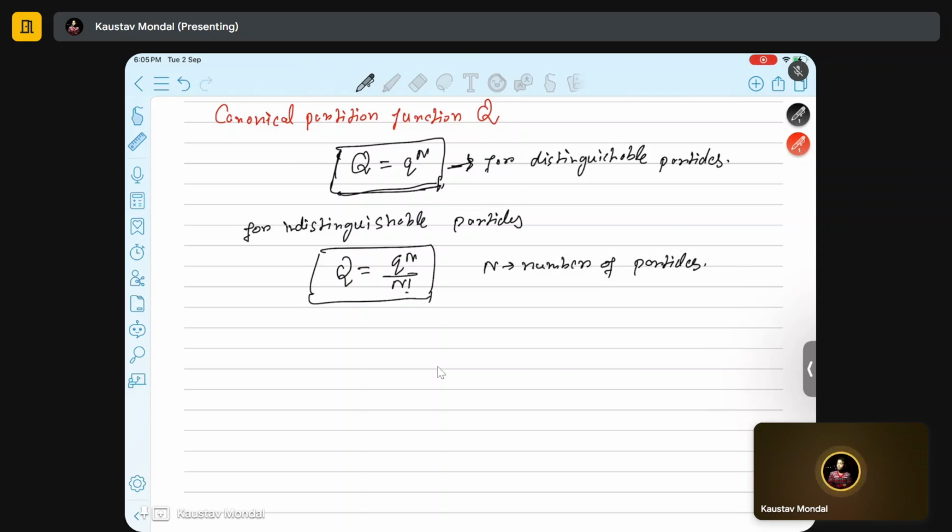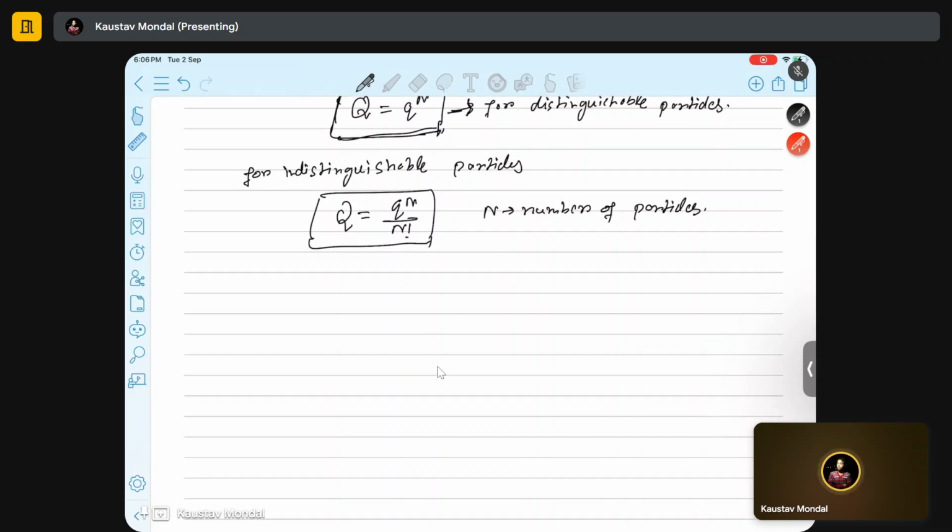After that, we calculated the internal energy of a canonical system in terms of a molecular partition function.